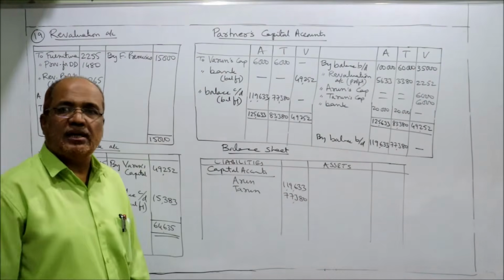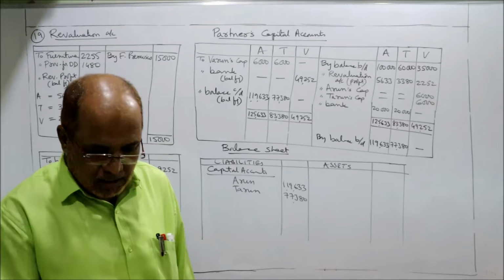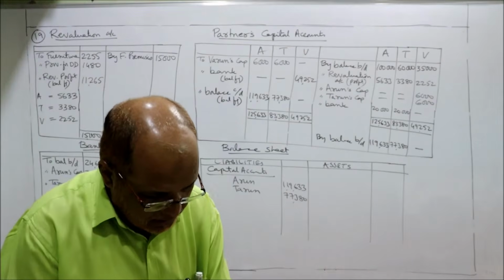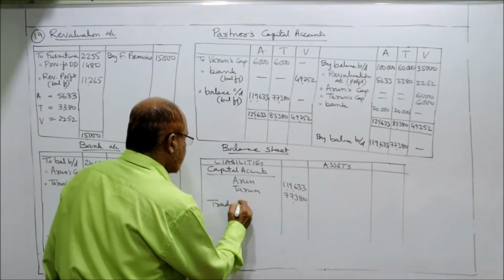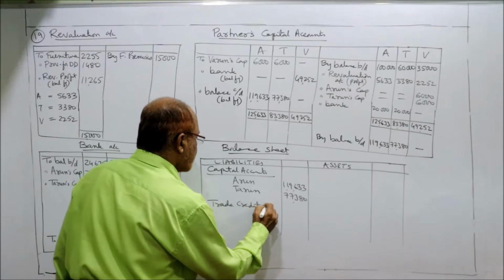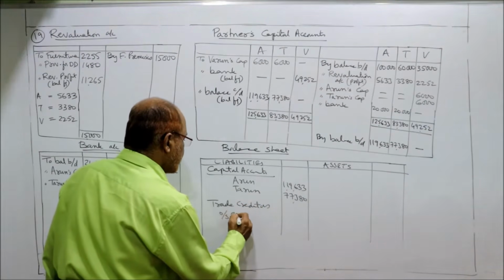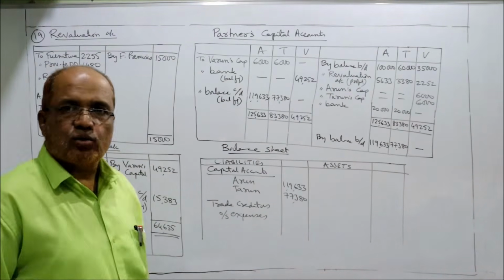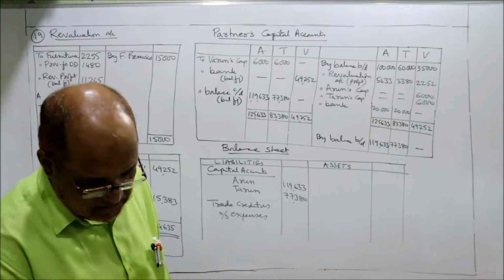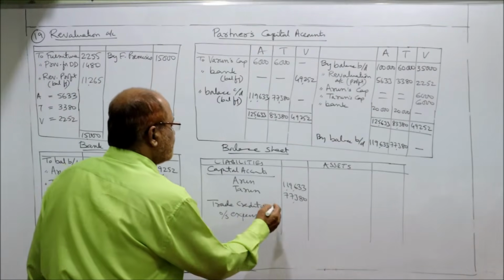These are the closing capital accounts of Arun and Tarun. Now, trade creditors, outstanding expenses. There is no change in trade creditors and outstanding expenses in the revaluation. So we take the same amount, 33,880.